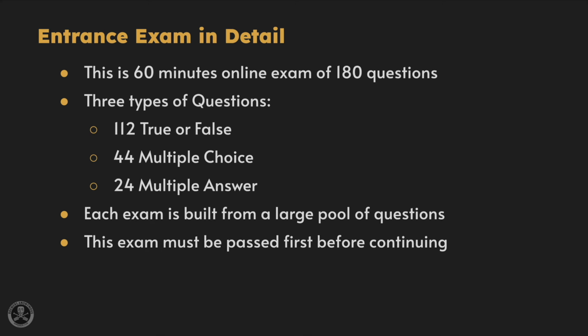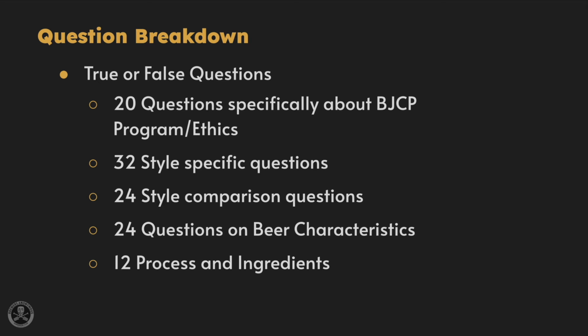As mentioned in the previous video, this exam must be passed before continuing on to any of the program, particularly the judging exam. So we do have the details on how the questions are broken down, starting with the true or false questions. Of those 112, there are 20 questions specifically about the BJCP programs and ethics, and that is the pool of questions that they do publish. Again, we'll be getting to that very shortly. There are 32 true or false questions specifically asked about beer styles.